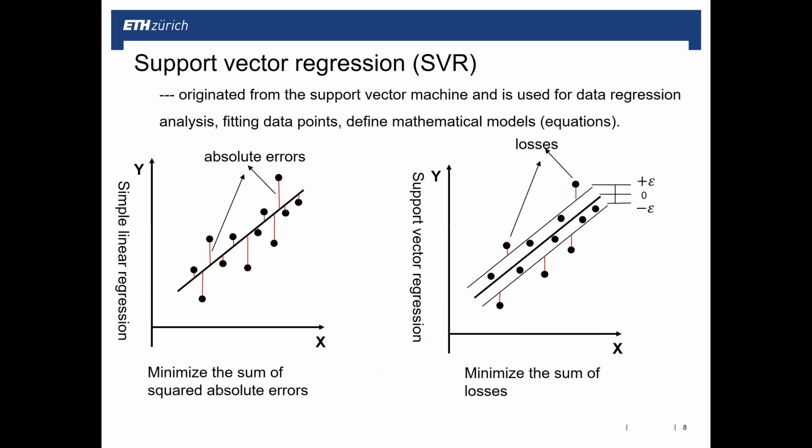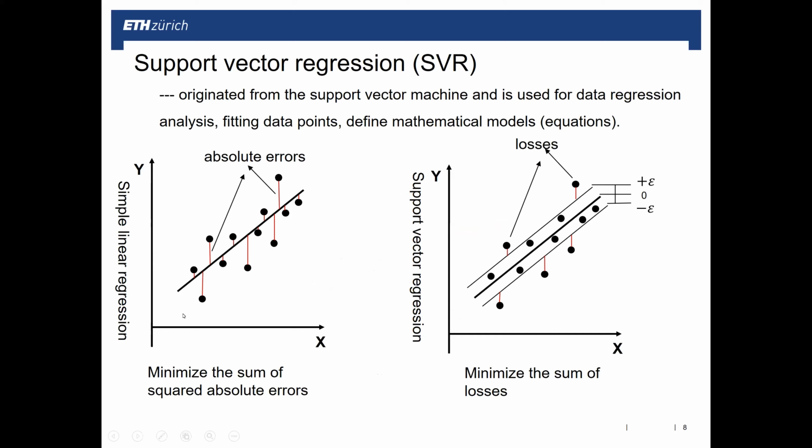And the support vector regression is a further extended application of this support vector machine. It is used for data regression analysis. In order to better explain this support vector regression, we compare it with the simple linear regression. This is what is familiar to everyone.